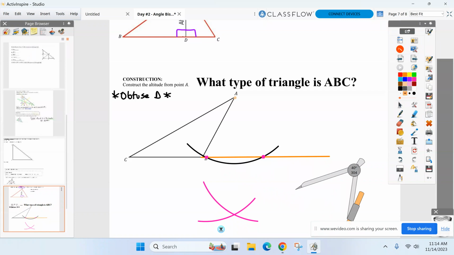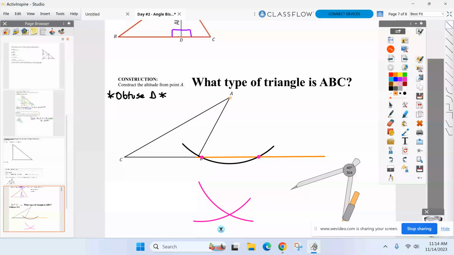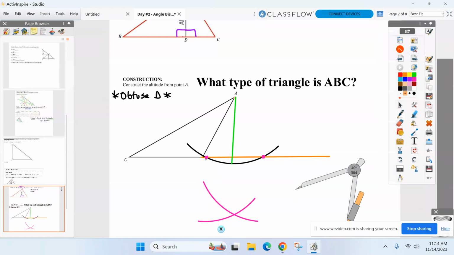Line up your straight edge with vertex A, and you'll notice when I'm dealing with an obtuse triangle, at least one of the altitudes will be outside your triangle. Outside your triangle. All right, so just a heads up there.